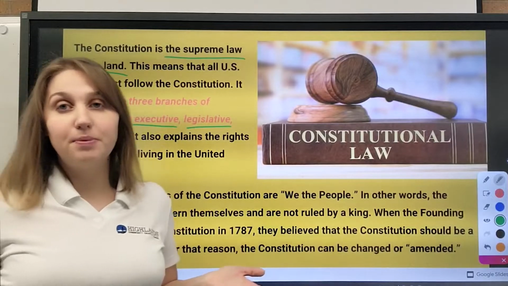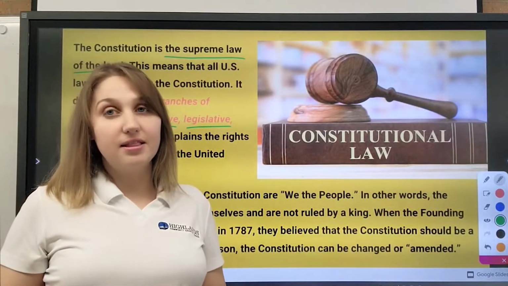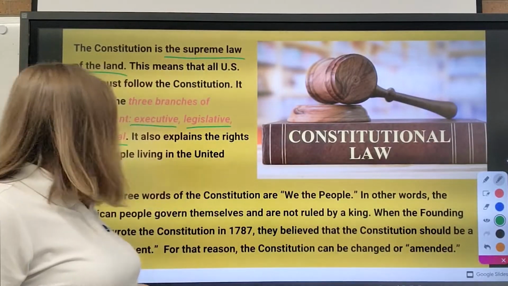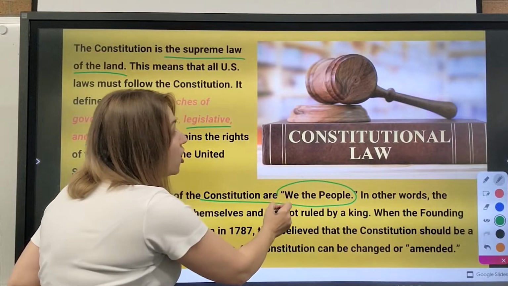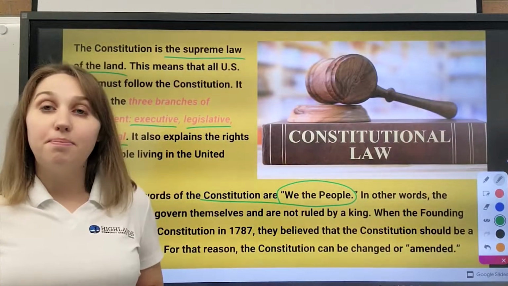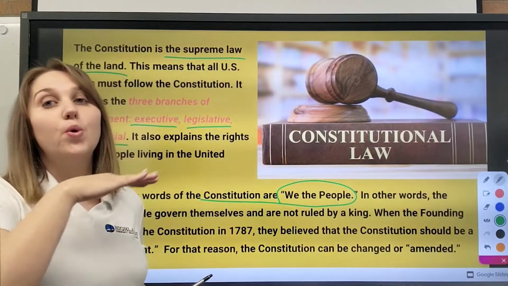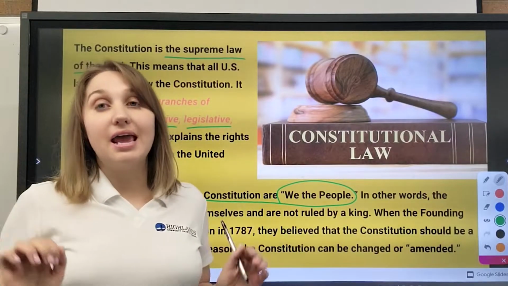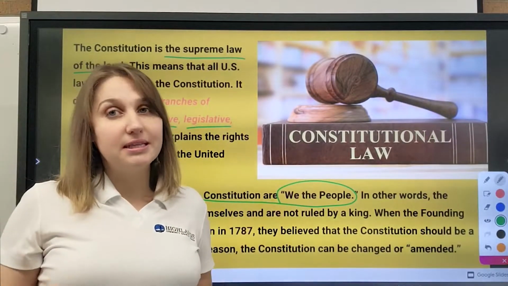It also explains the basic rights of the people that live in the United States. The first three words of the Constitution are "We the people," and that means that the king doesn't rule over the people anymore. It's the people that govern themselves.